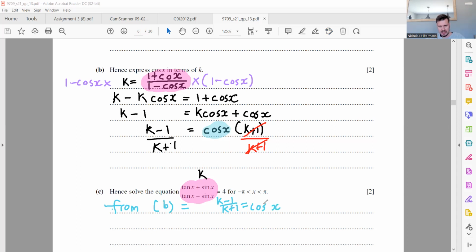And they are telling us in this question that k is 4. So basically, if we take A and we combine it with C, we know that k is equal to 4.